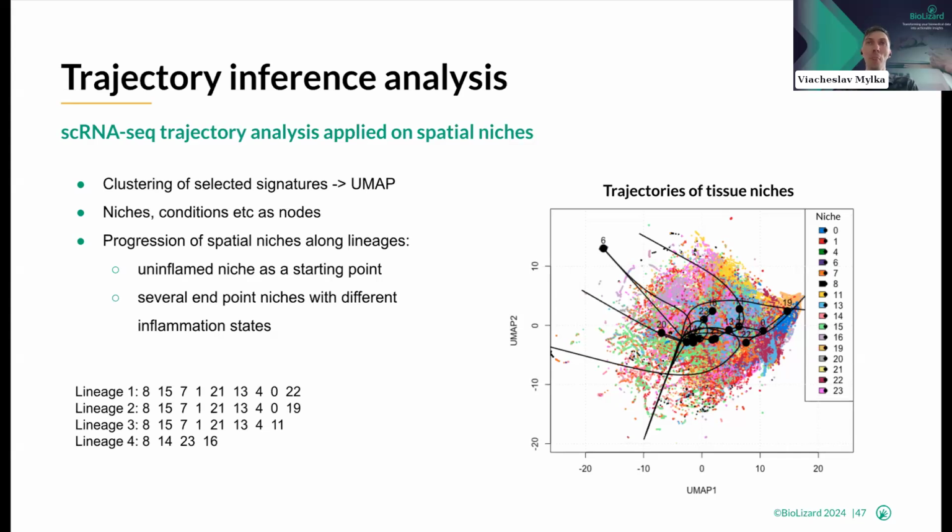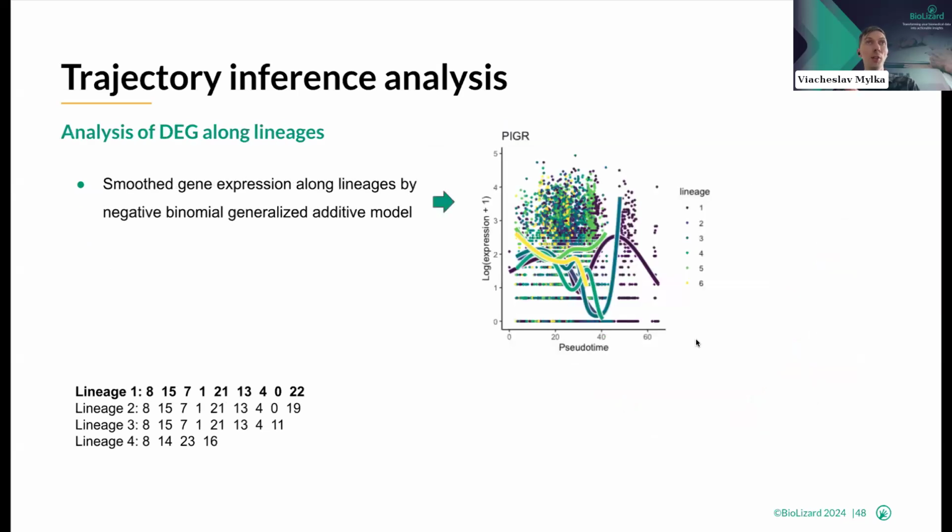And how do we do it exactly? We can pull genes associated with those points within trajectories. Again, complex bioinformatics tools can be used to do this. So in this case, a negative binomial generalized model can predict or smooth expression of genes along each trajectory.